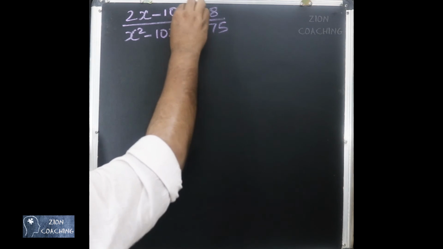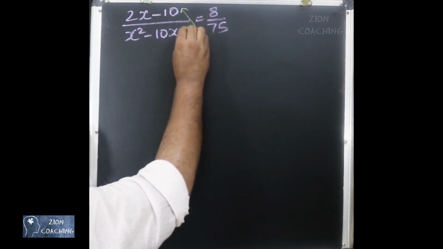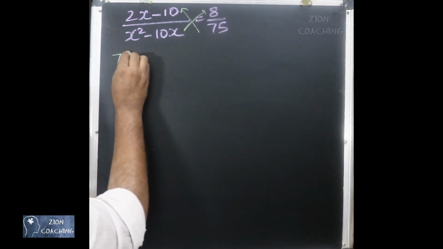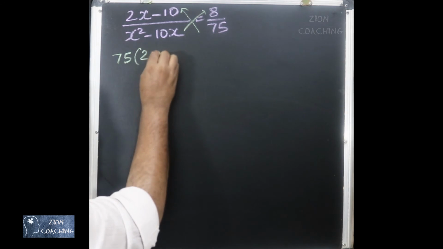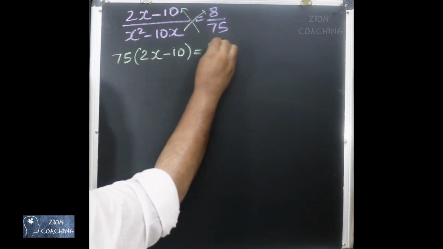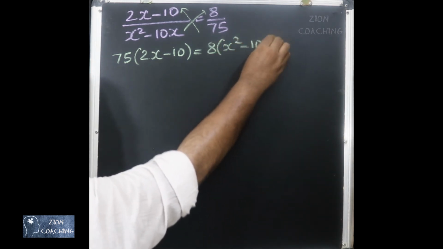Now we are going to take this 75 to this side and this x squared minus 10x to that side. Then we will have 75 into 2x minus 10 equal to 8 into x squared minus 10x.